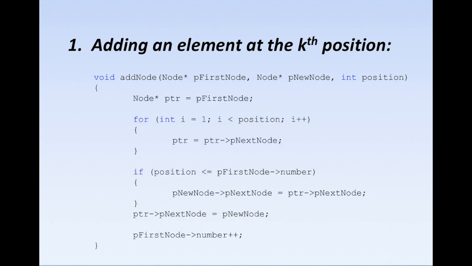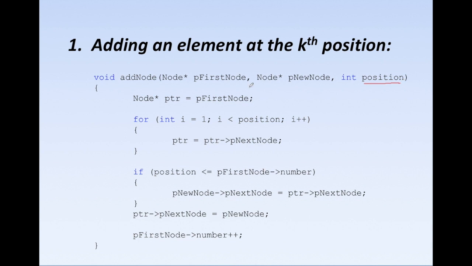So to start with, what do we do first? Let me use a pen here. The first step is, how do I get to this position? Let's say position 2. How do I get to position 2? When we're using arrays, it was straightforward. It's done immediately. We add 2 to the name of the array because it's a pointer to the first element. That's not possible here.